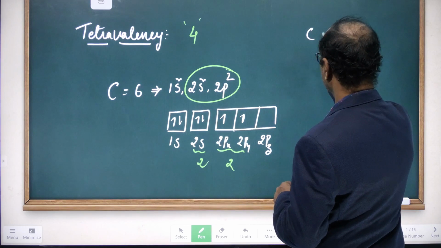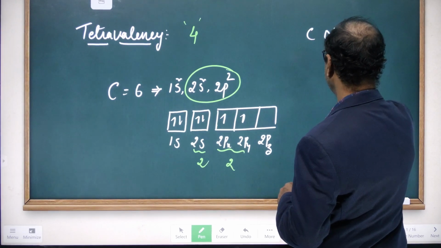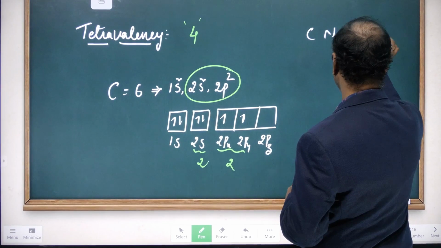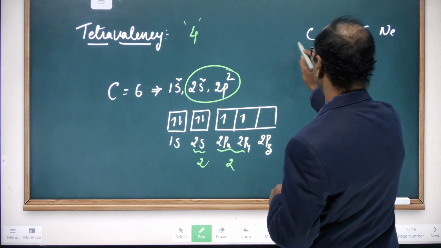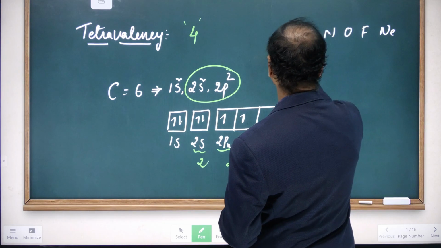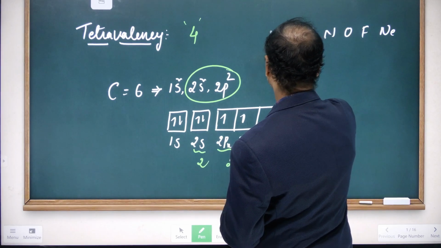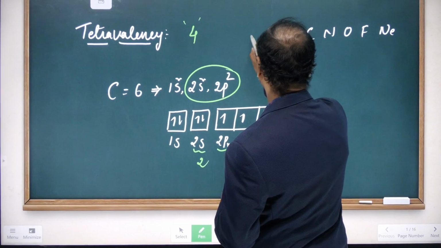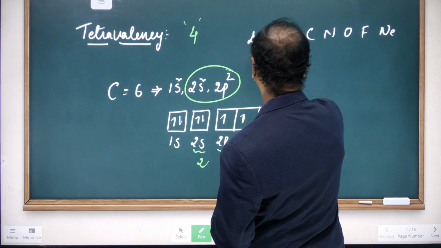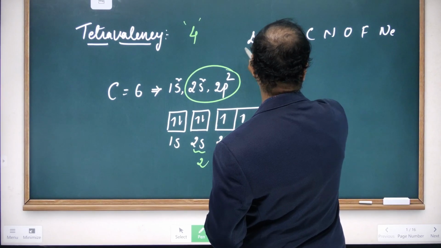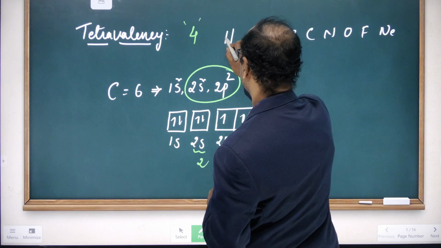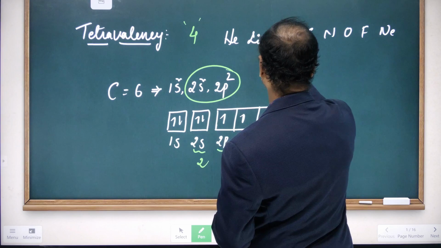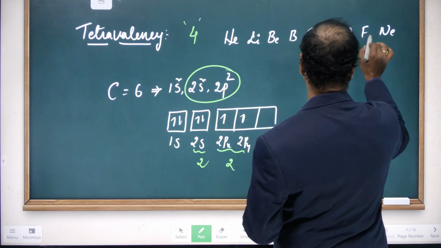And after carbon, what will be there? Nitrogen, oxygen, fluorine, neon. Right? And what is on the left side? Boron, beryllium, lithium, okay, and then helium. I'll write it here: helium, lithium, beryllium, boron, carbon, nitrogen, oxygen, fluorine, neon.